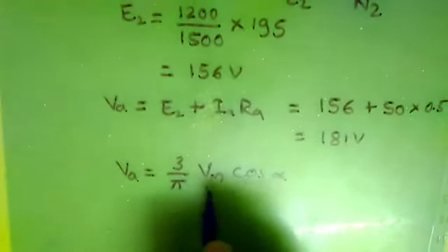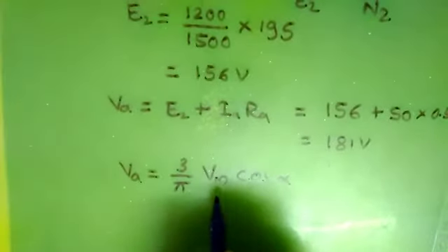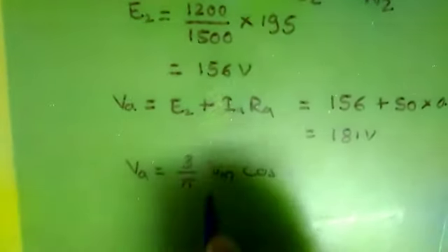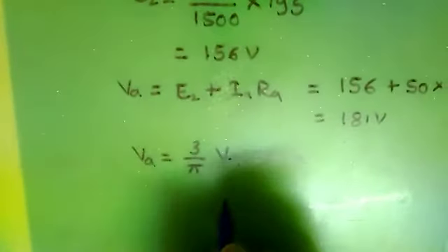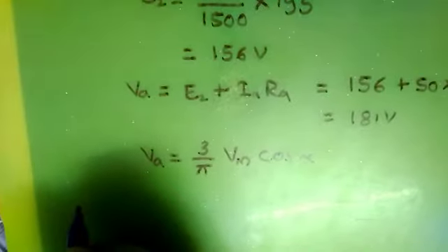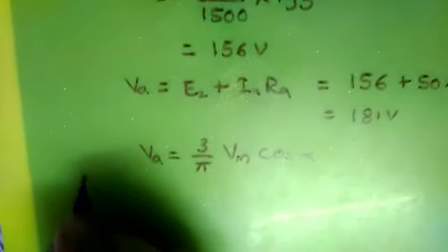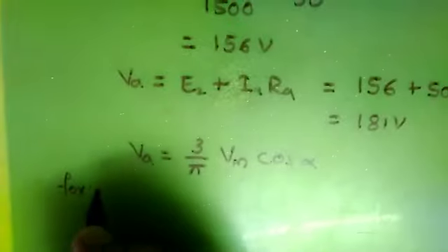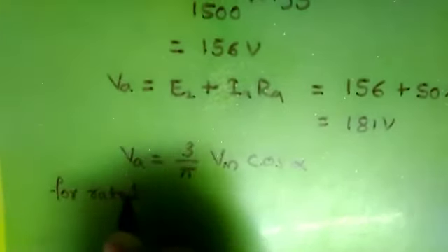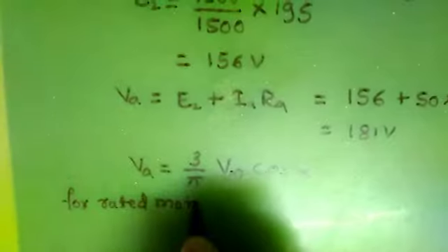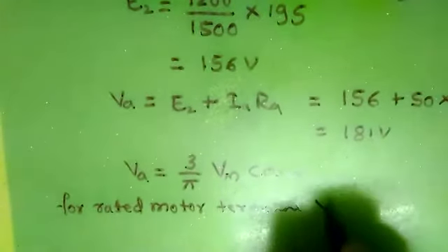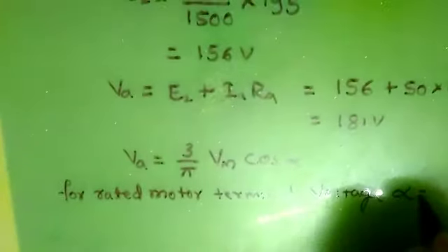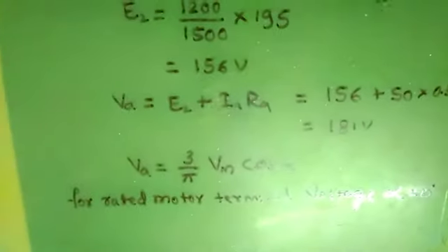In the equation we have to substitute Vm, so first we calculate Vm for the rated motor terminal voltage, where alpha is equal to 0.